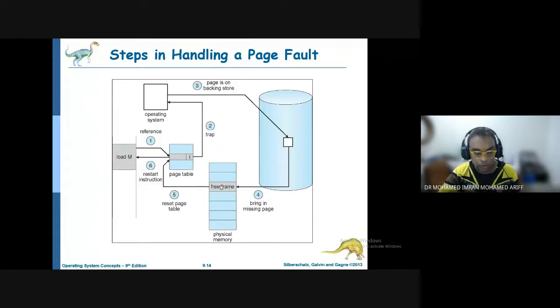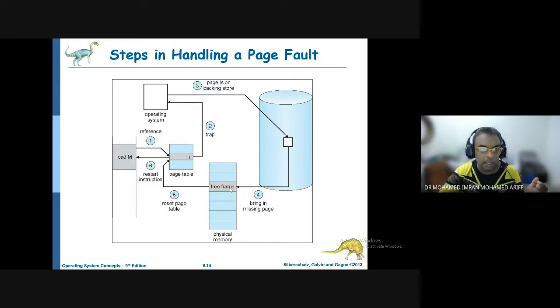Or let's say if everything is full here. What the operating system will do is choose which page or which frame is not used anymore: which one is no longer used, which one will not be needed for a long time, which one was recently used, which one will never be used again, and it will remove that one. So there are a few conditions for where to put it. One, it can put it in a frame that will not be needed for a long time.